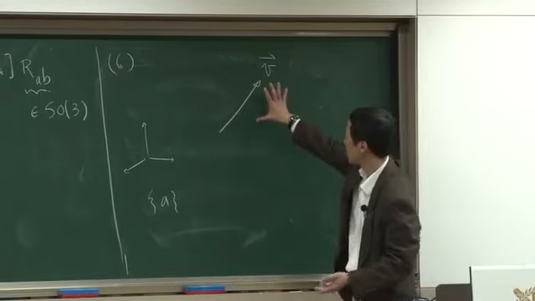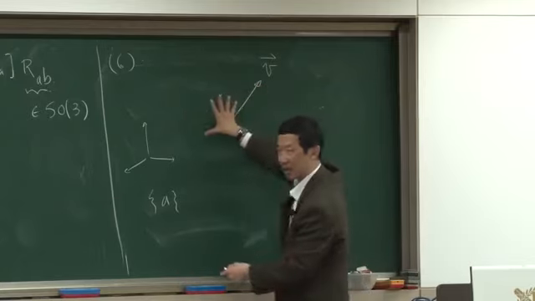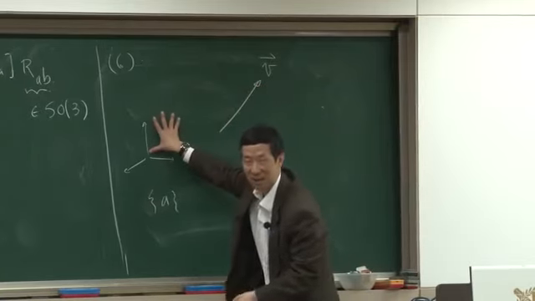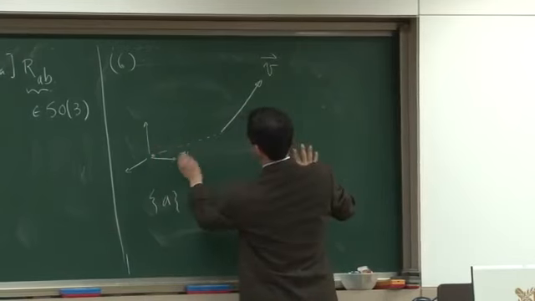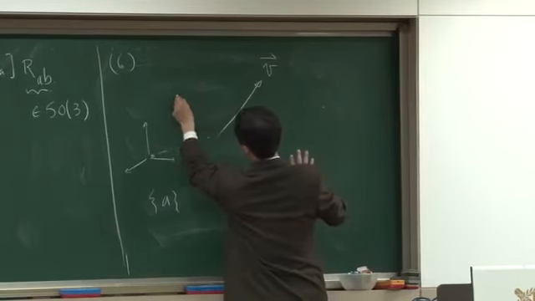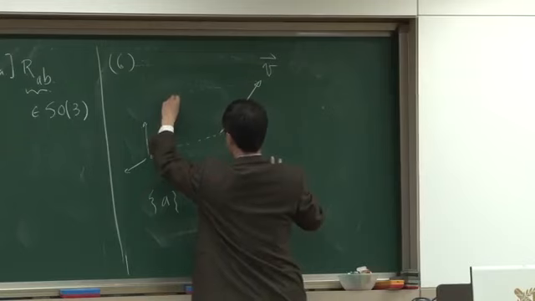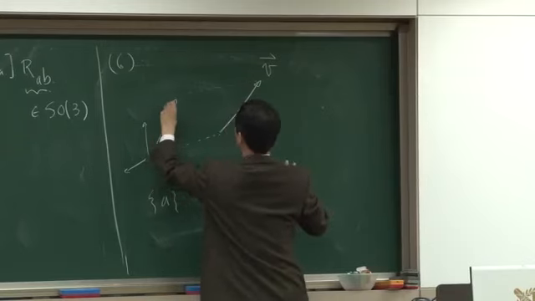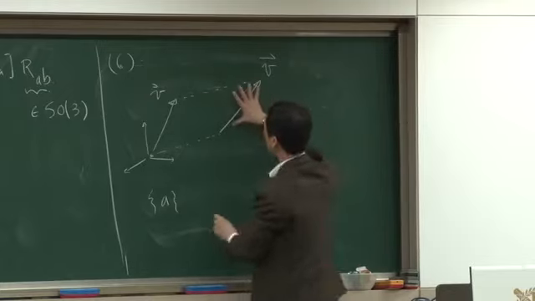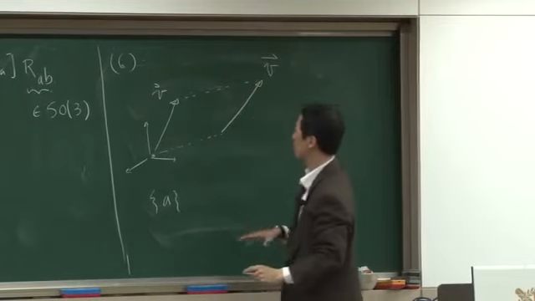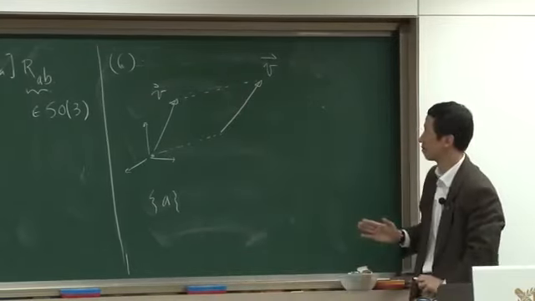What I need to do is slide this vector over to frame A. So there's my V again, same V, but I've just moved it over here, maintaining the same direction.